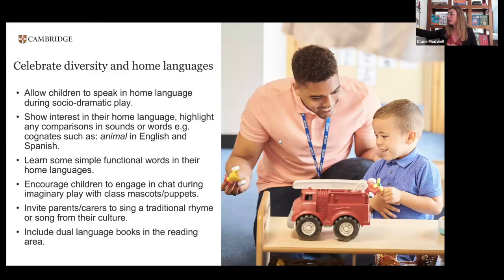Another one could be Dear Zoo, another classic where children have little flaps and they can discover the different wild animals that have been sent through the post because they want their perfect pet. So celebrating all this diversity in the classroom.